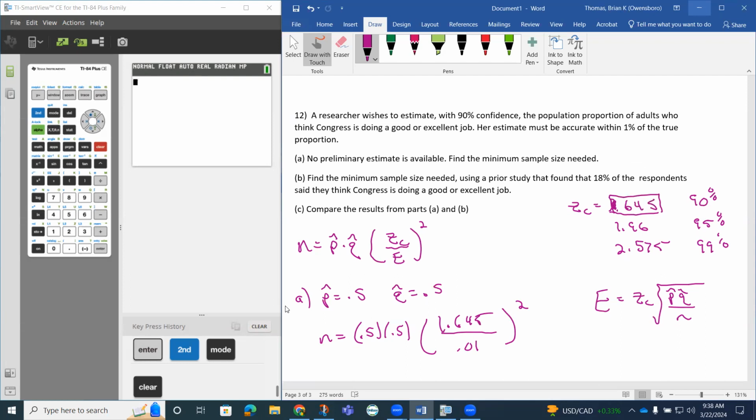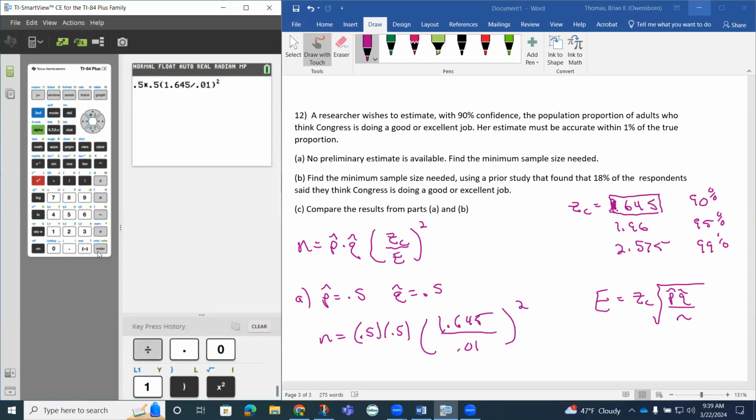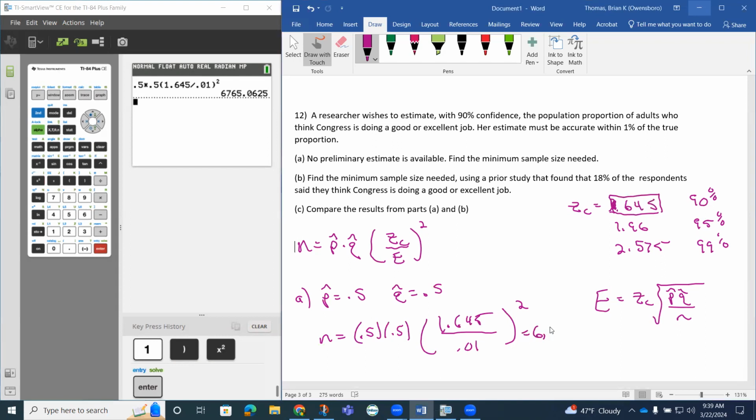So using our calculator, we can go 0.5 times this 0.5. And then in parentheses, we can go with this 1.645 divided by 0.01. And if we square that, we're going to get then this 6,765.